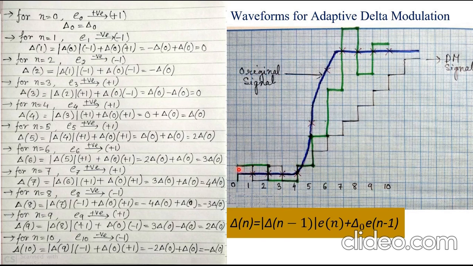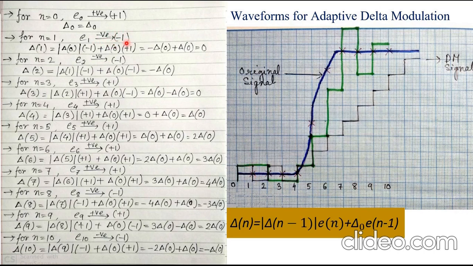Now let us take the second case, n equal to 1. Okay. So now n equal to 1, and now see this input signal is actually less than staircase signal. So input signal is less than staircase signal, then error is what? Error is negative. So E1 is -1.